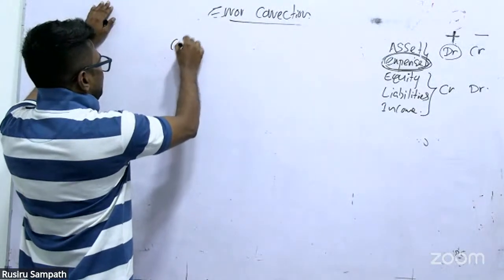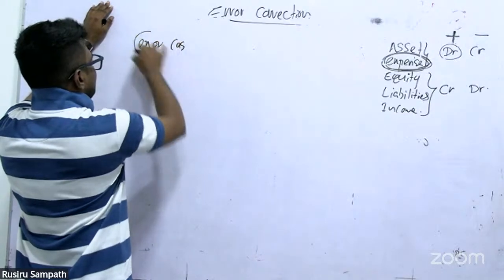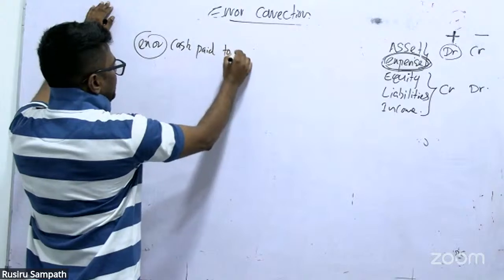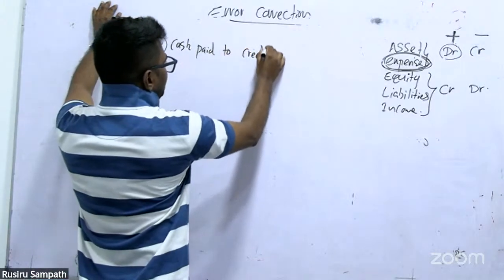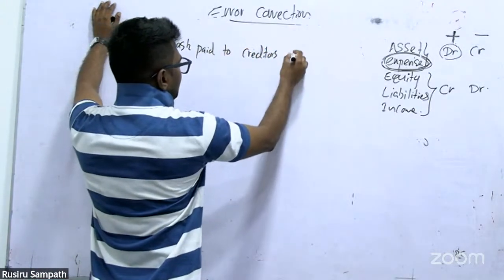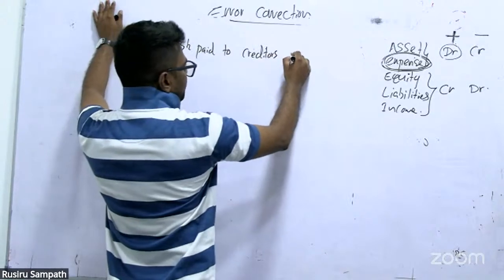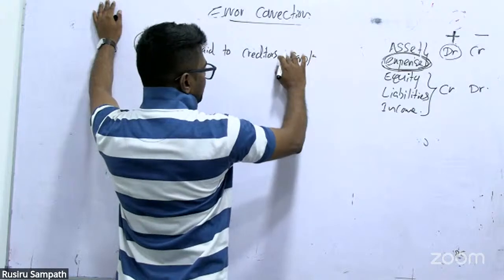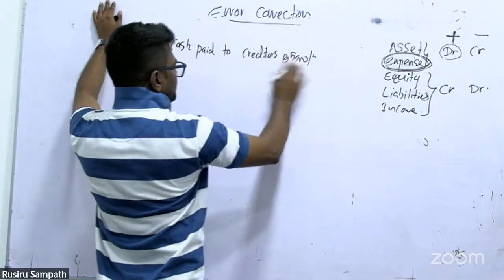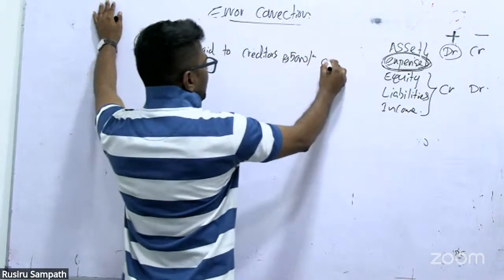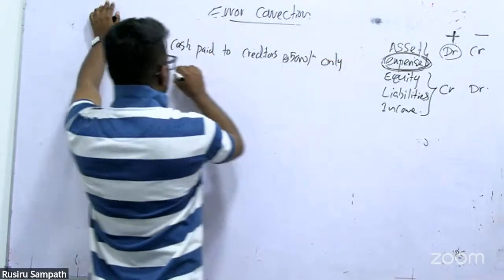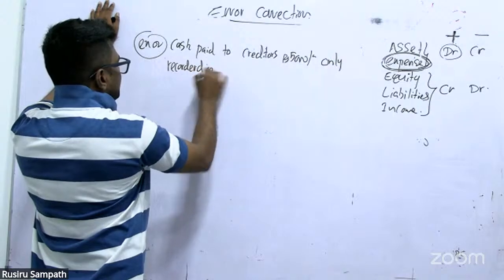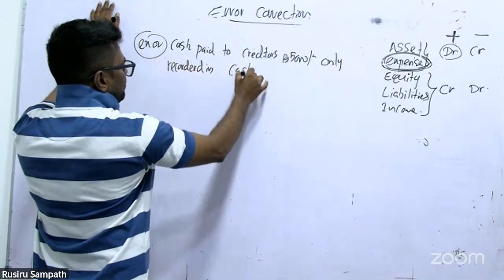Second example: cash paid to traders, 5,000 rupees, only recorded in the cash account.